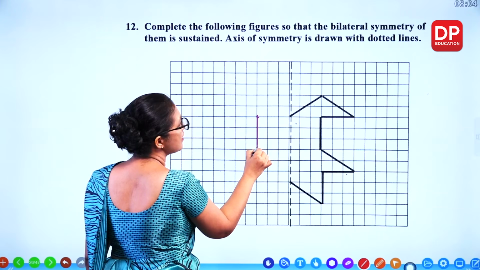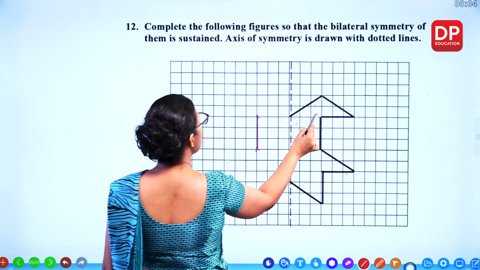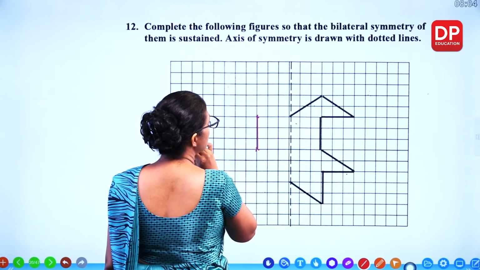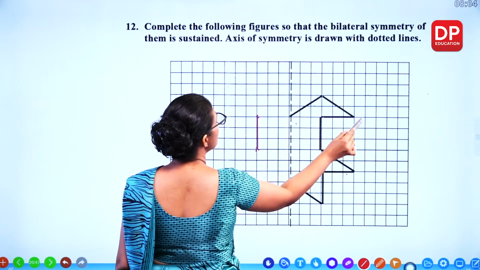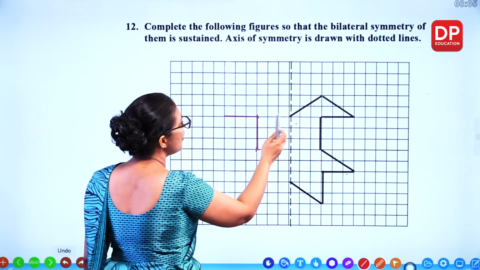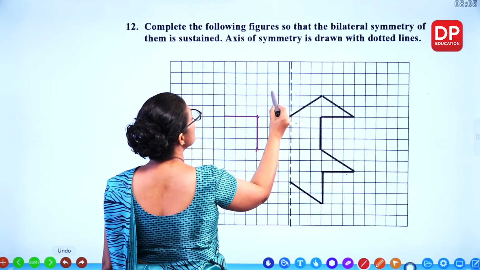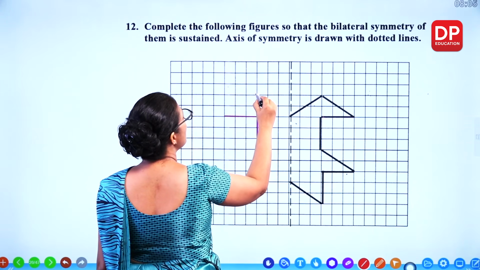So this line comes. Then, so you get, what's this one? So 3 squares this way. Now from here, now look at this one, 3 squares to this side, so 3 squares here. So this is the point.